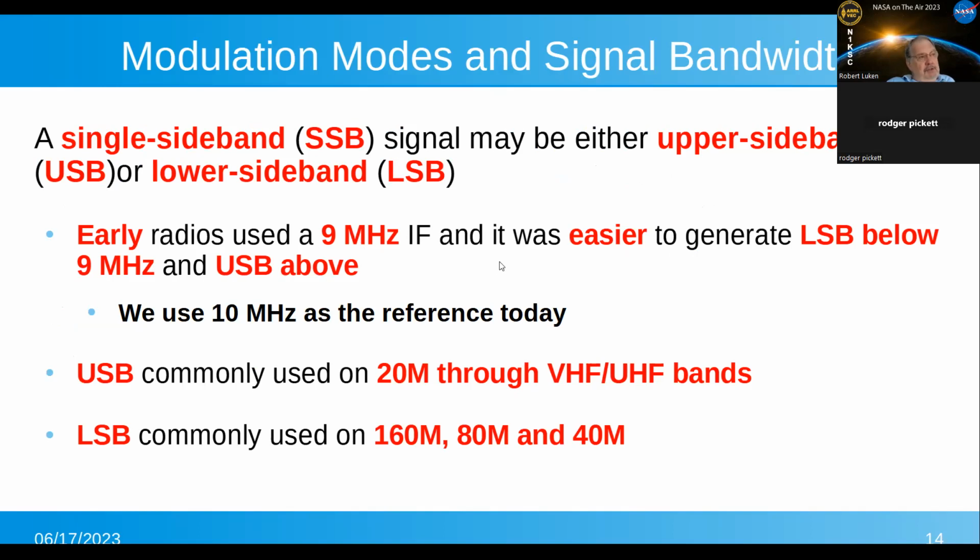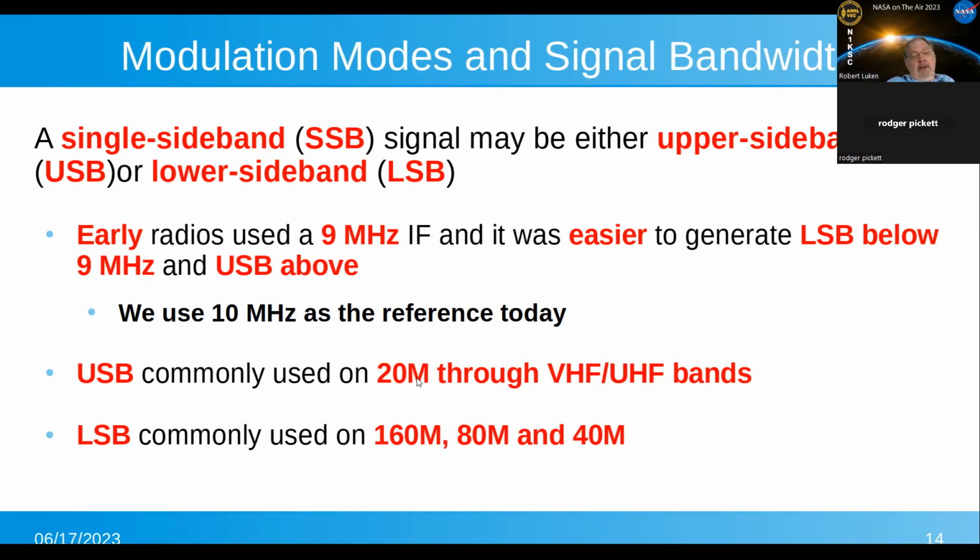So that sort of became a convention. We use 10 megahertz as the reference today. So anything 10 or above is normally upper sideband. Anything below that is typically lower sideband. However, it's just a convention.